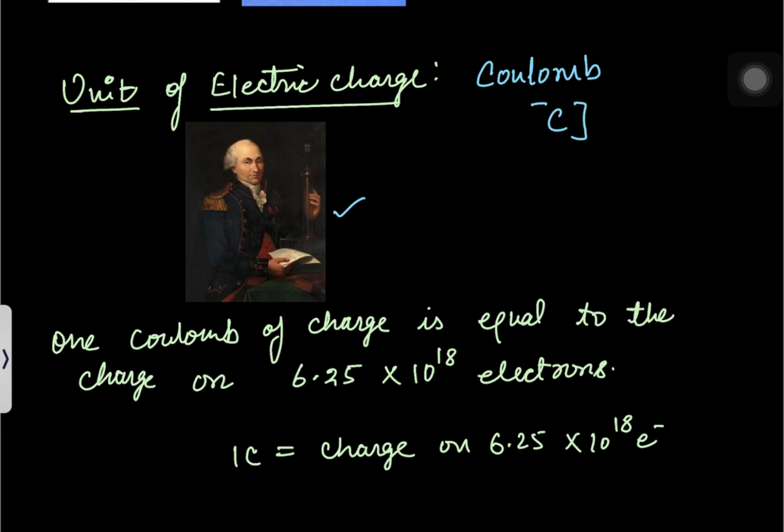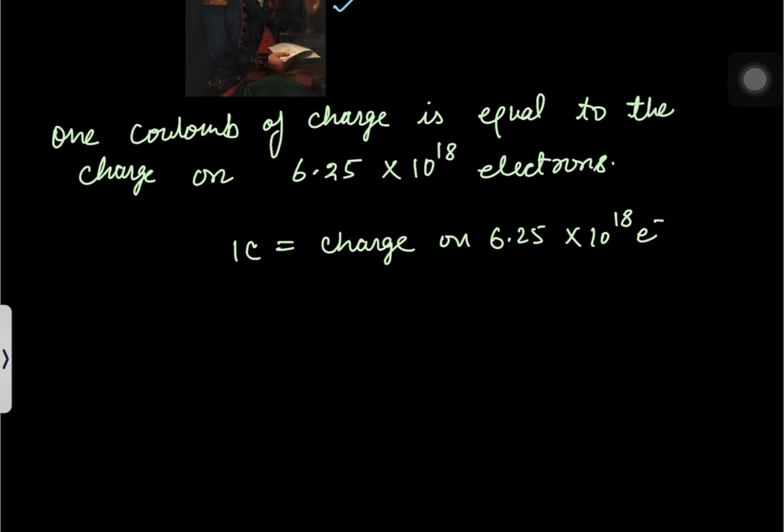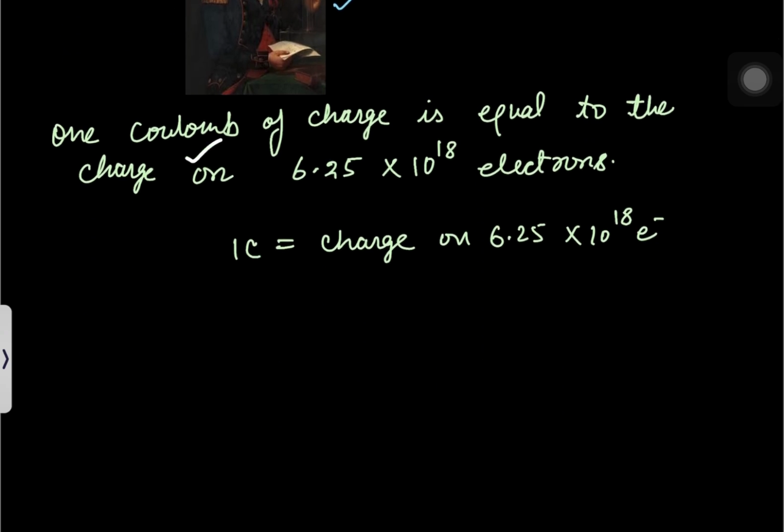It is denoted by the symbol C, capital C. 1 coulomb is the charge which is equal to the charge on 6.25 into 10 to the power 18 electrons. So see the significance of 1 coulomb: 1 coulomb covers the charge on 6.25 into 10 to the power 18 electrons.